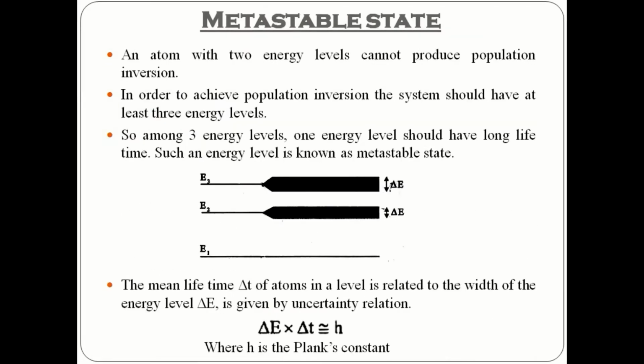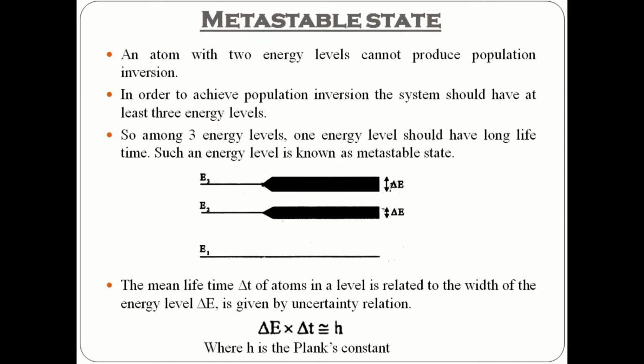Now we will go to the metastable state. As I already said, we have two energy states, the ground state and the excited level. Suppose an atom in the ground state gets some energy from an external source and goes to the excited level. In the excited level, atoms generally reside for 10 raised to minus 8 seconds.